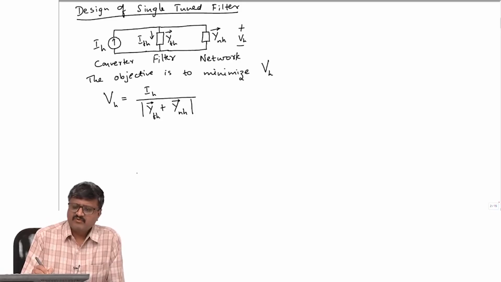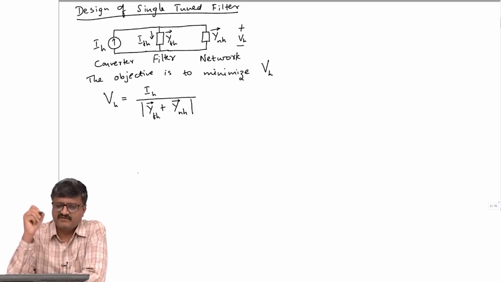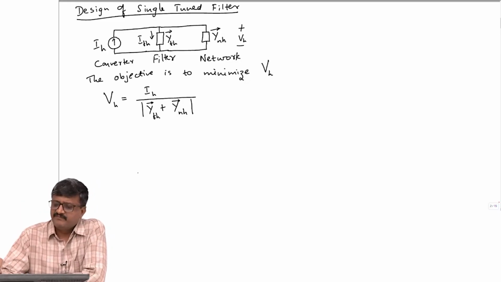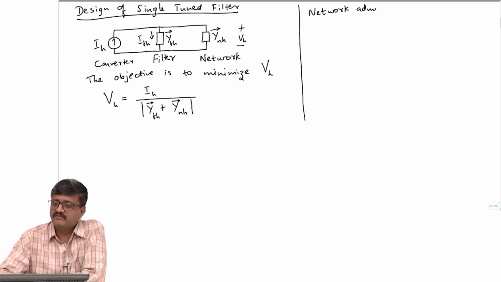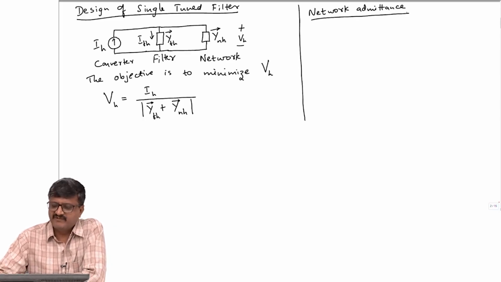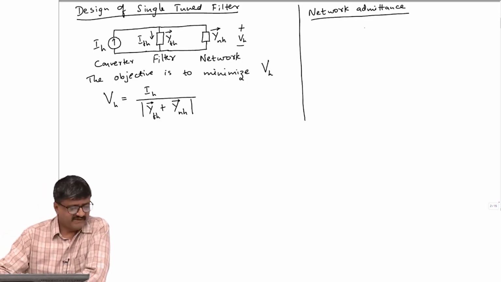Now let us see how this YNH takes values. So, network admittance, that is YNH. Again I take the complex plane.